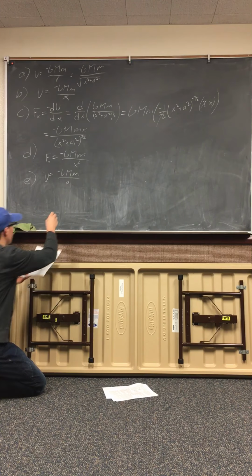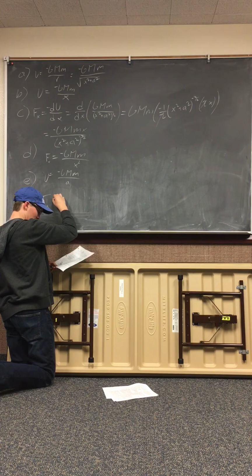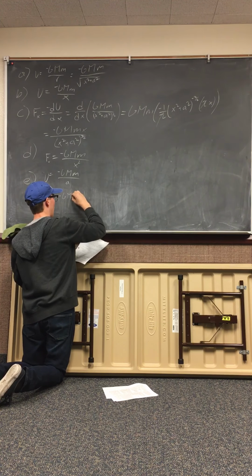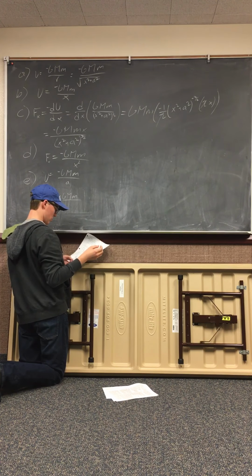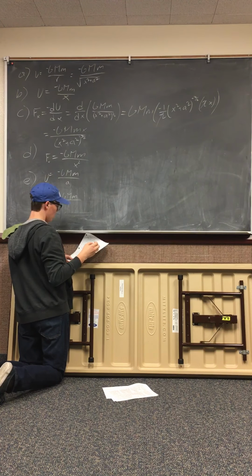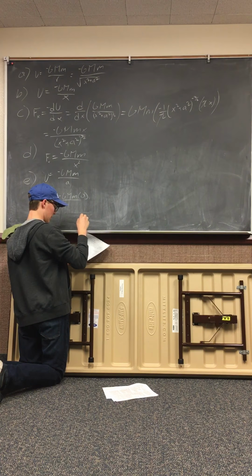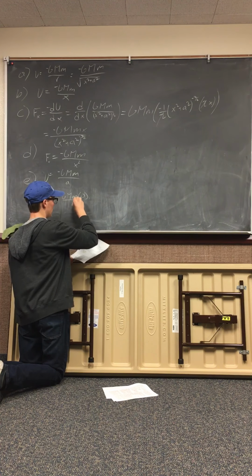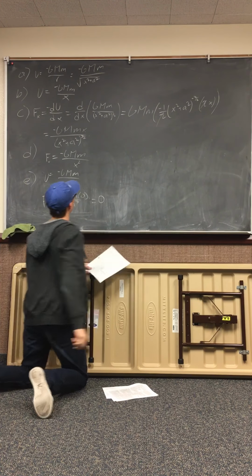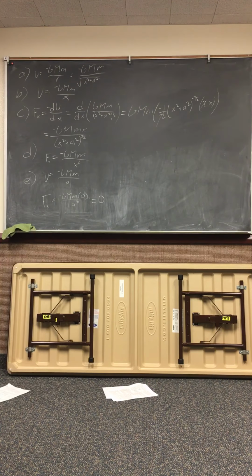Then F(x) equals negative G M m times 0 divided by a cubed, and that just turns into 0. That's because of balanced forces and such.